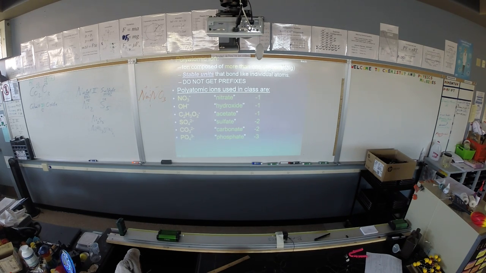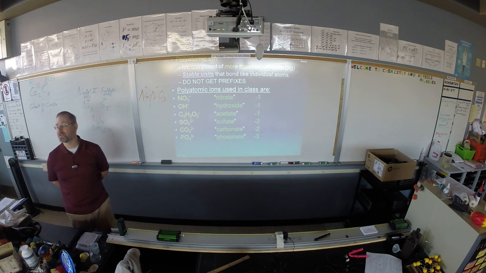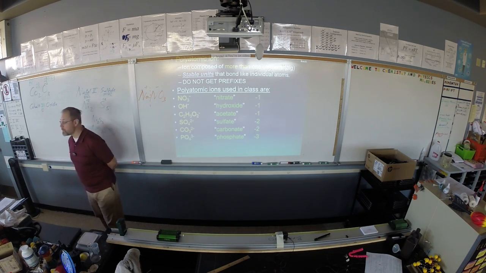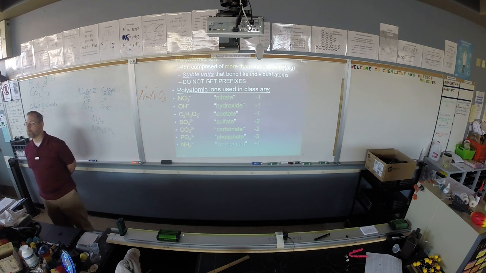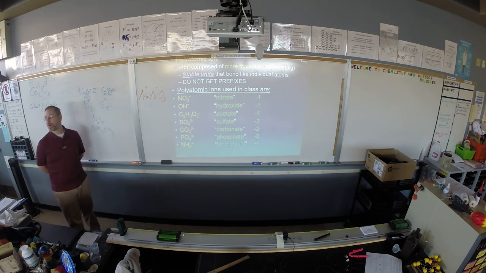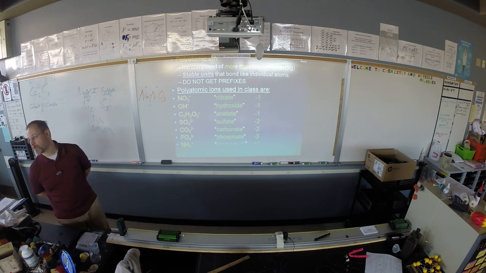It could be PO4 -3 or PO4 3-. Okay, so these are the 6 negative polyatomics that we're learning, and we're going to learn one positive polyatomic, and that is ammonium. Ammonium is NH4, and it has a +1 charge. And these are the 7 polyatomics we're going to learn.